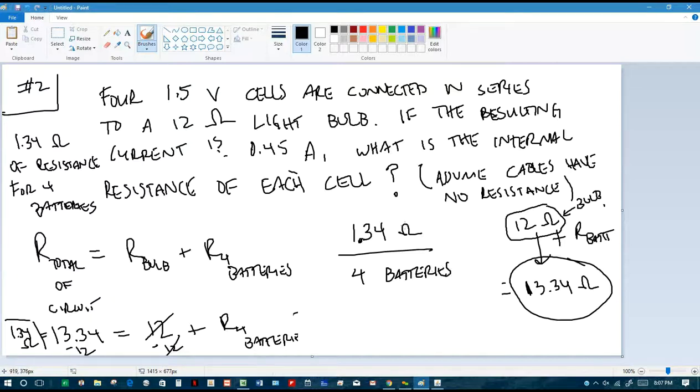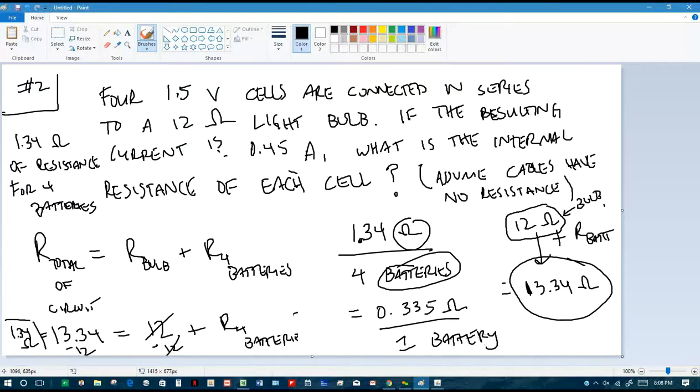Notice the units will be ohms per 1 battery. So you end up with 0.335 ohms. We always just write the answer as 0.335, but it really means per 1 battery. And that's what they asked. They call a battery a cell.